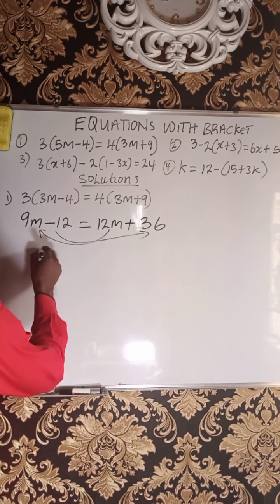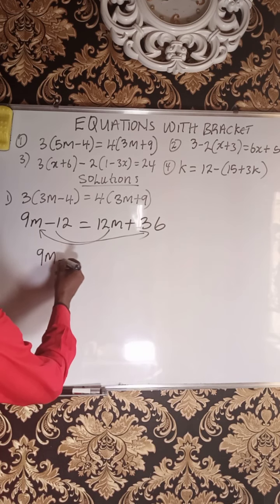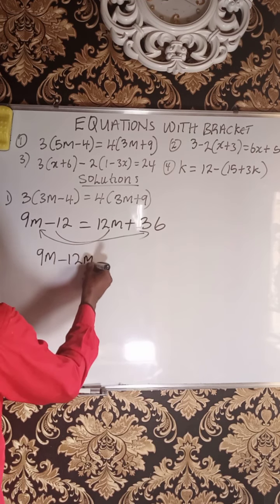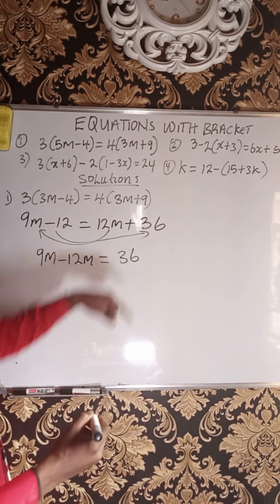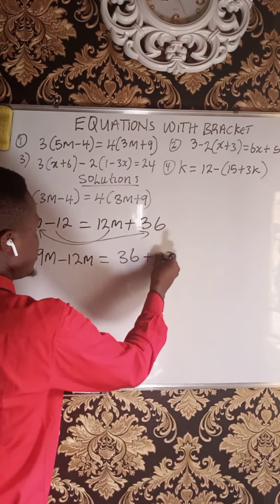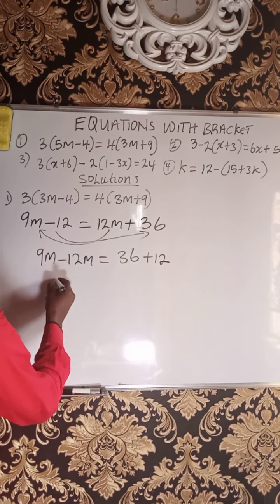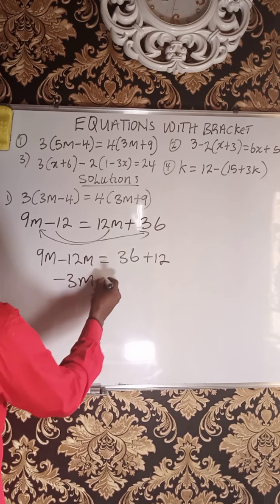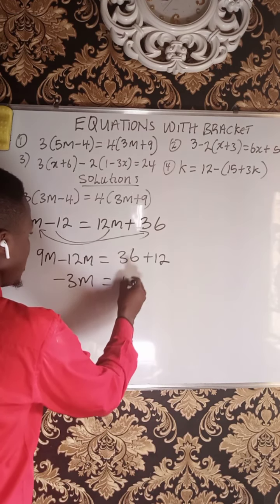So here we'll have 9m, this is positive 12m, coming in here becomes negative 12m equals, already we have 36 here, minus 12 will cross over to give us positive 12. Now 9m minus 12m is equivalent to minus 3m equals 36 plus 12 will give us 48.